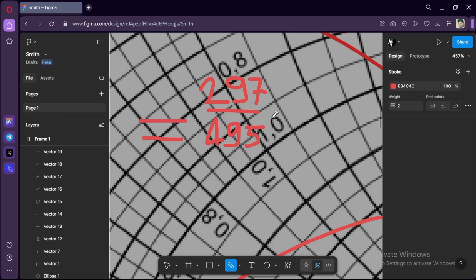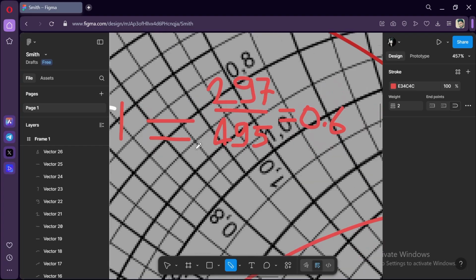Okay, now the ratio, let me divide this value. It is giving me 0.6.